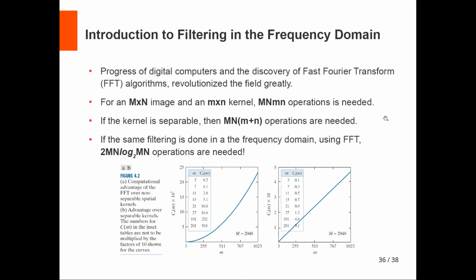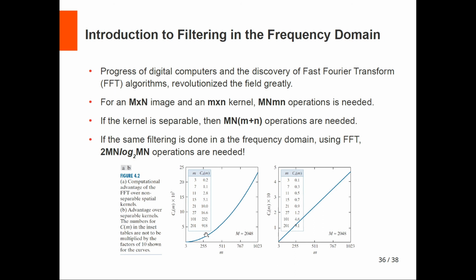Now, if we do the same filtering in the frequency domain using fast Fourier transform, the number of operations is even lower. It's going to be 2MN log2 of MN. Here in these two graphs, you can see how much computational advantage we get if we use a fast Fourier transform instead of just doing the convolution in the spatial domain.